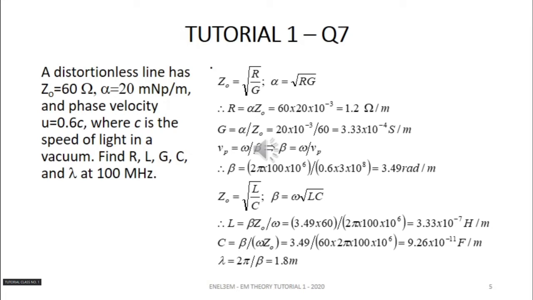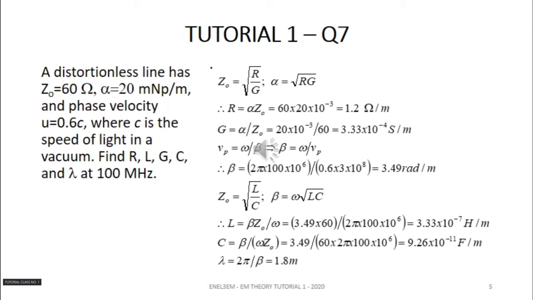Now your G is alpha over Z naught, which is 20 times 10 to the minus 3 over 60, which is equal to 3.33 times 10 to the minus 4 Siemens per meter.